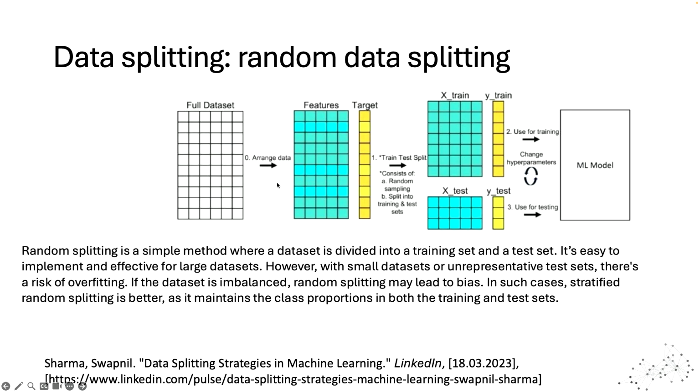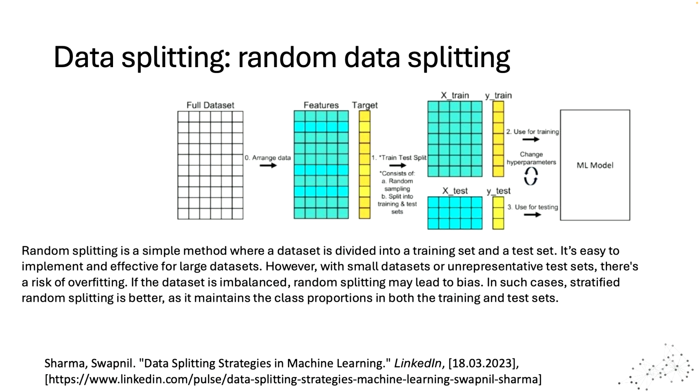There are several types of data splitting in the training process of a machine learning algorithm. Here, the random splitting method. Imagine we have the full data set, with some features and also target labels, and we want to divide it into train, test and validation data sets.